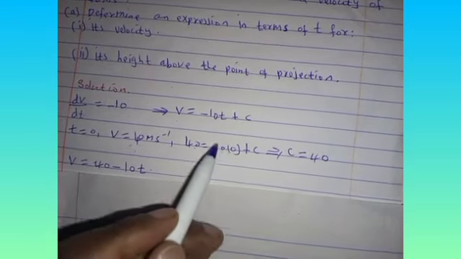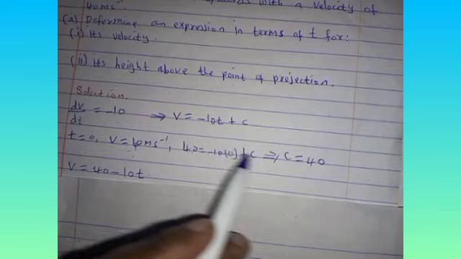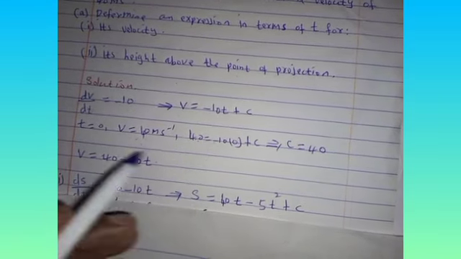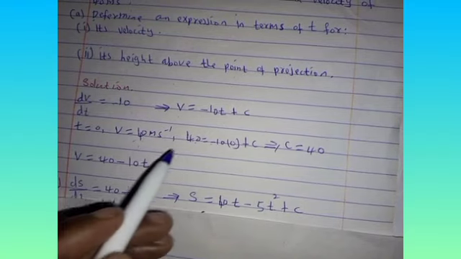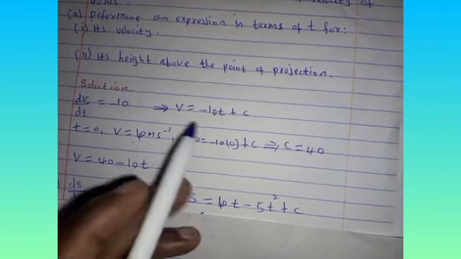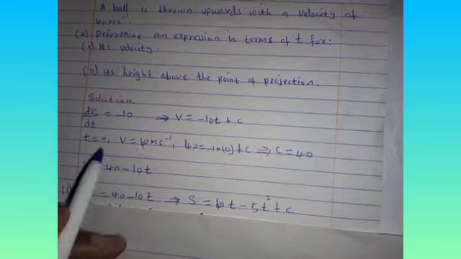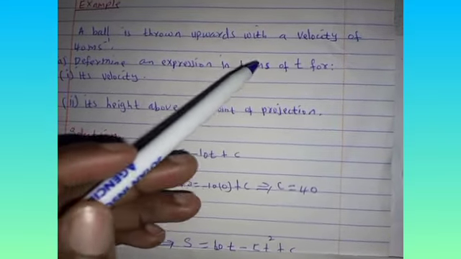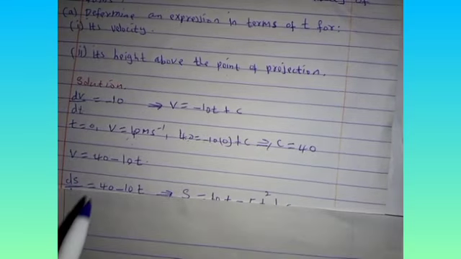So -10 times 0 is 0, meaning that our c is equal to 40. You substitute here. So our v will be equal to -10t plus 40. So we have answered part 1: the expression in terms of t for its velocity is that one.